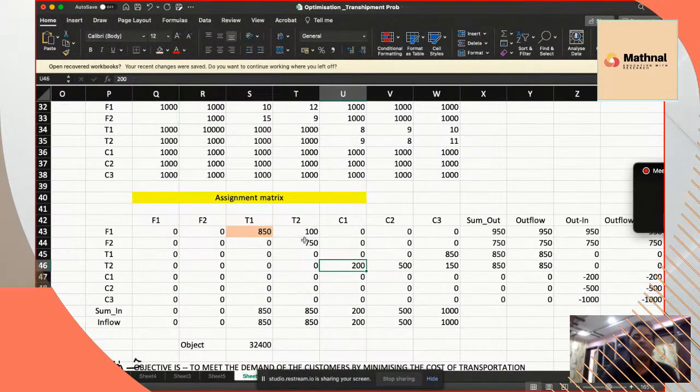And the capacity of T2 is 850. So T2 is getting deliveries from F1, 100 units, and from F2, 750 units.